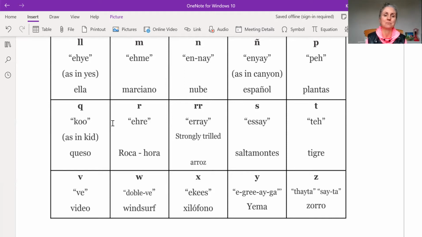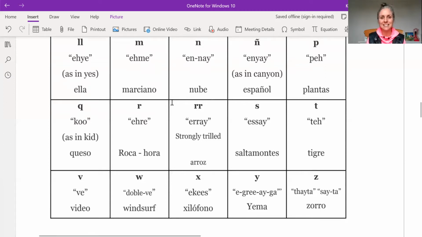Okay, muy bien. Then we have the R, which is an R, as in roca and hora. So roca means rock, hora is hour, and that's an R. And then, of course, we have the one that we all have struggled with.